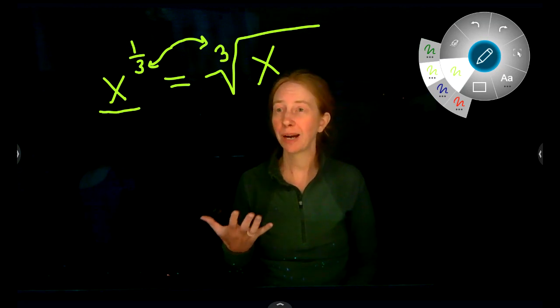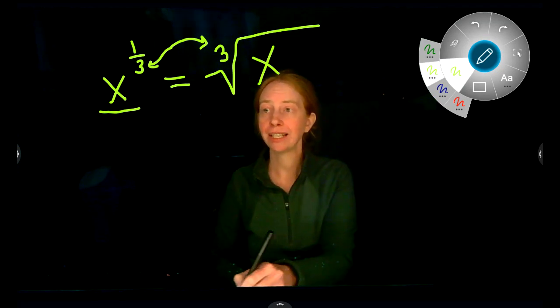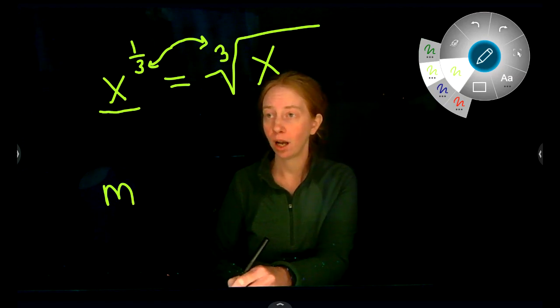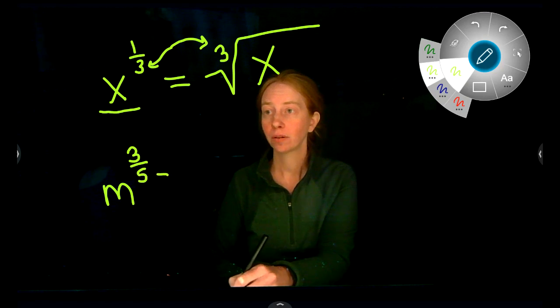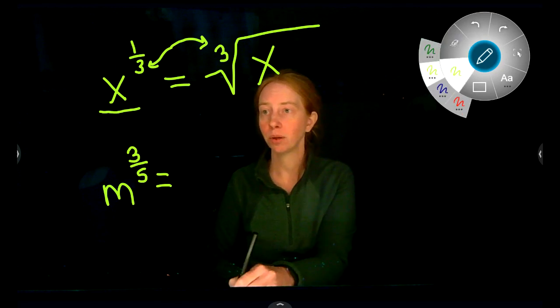Now, what if you had a fraction that didn't have a 1 on top? What would you do then? So let's say we had m to the power of 3/5. We know we're going to have the radical symbol, so let's draw that radical symbol.